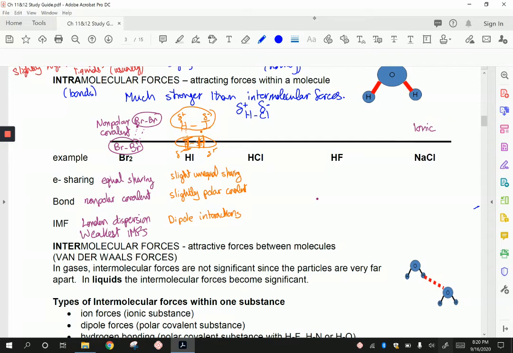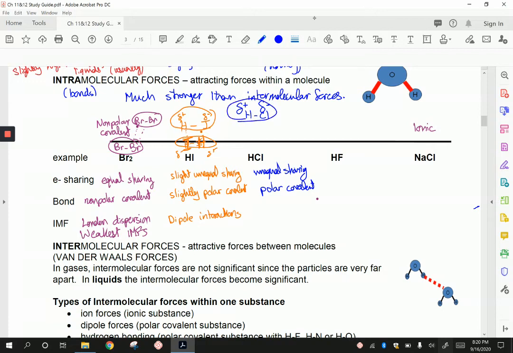And so, yes, there is still a slight positive and a slight negative, but these partial charges are bigger than these partial charges. So we definitely have unequal sharing for sure here of electrons. We'd say that this bond is definitely a polar bond, polar covalent bond. So that's the intramolecular force.